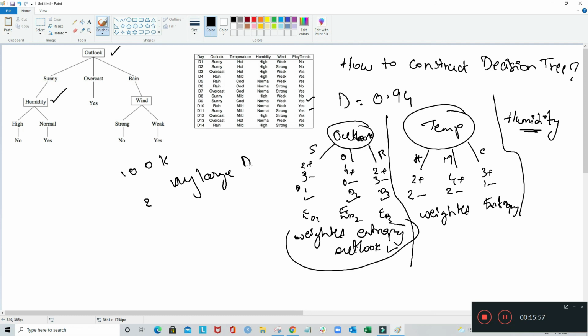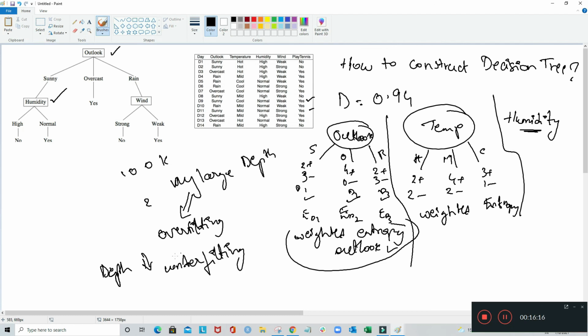Very large depth. And because of this, we will have overfitting issues. And if depth is small, then we'll have underfitting issues, right? So here our depth is the hyperparameter.